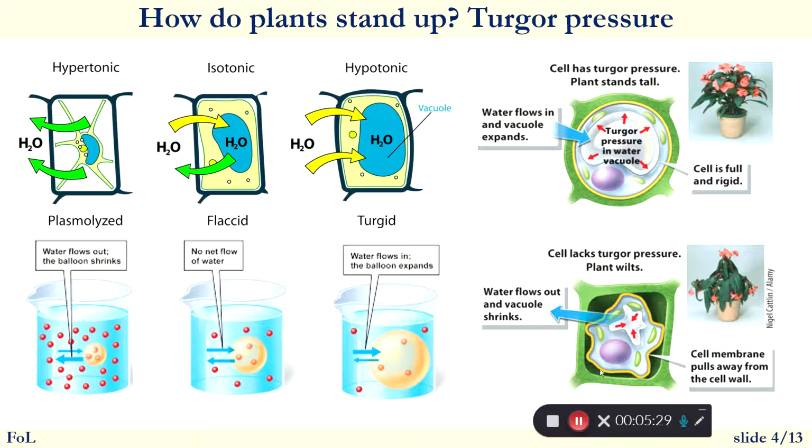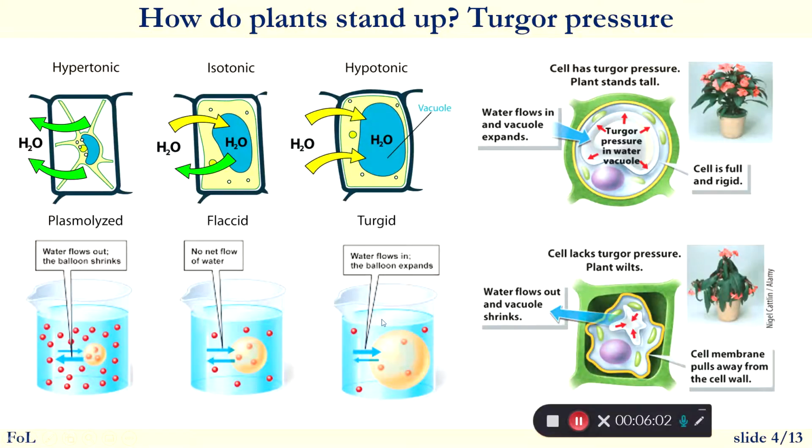Now, when the solution becomes different, we end up having water flow out of that vacuole. And so it shrinks, and if we look at the leaves themselves, they're wilted. So that's what's happening at the level of leaves.